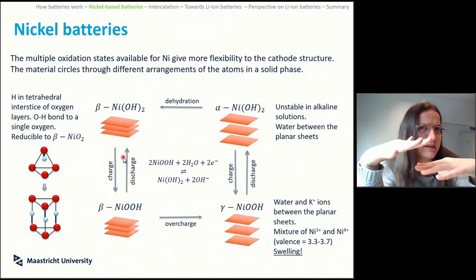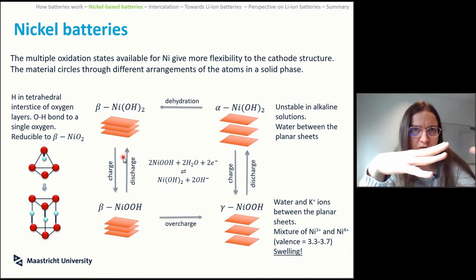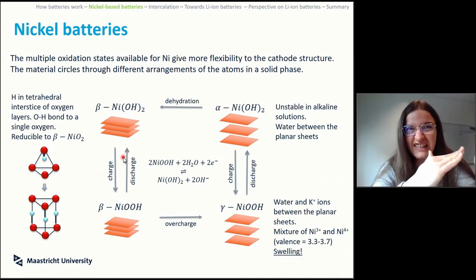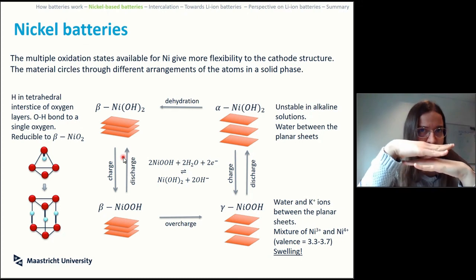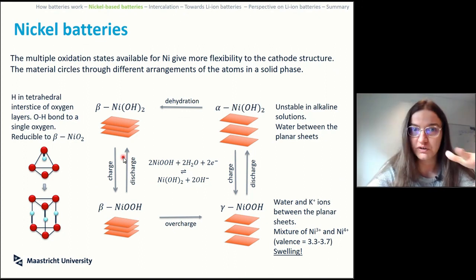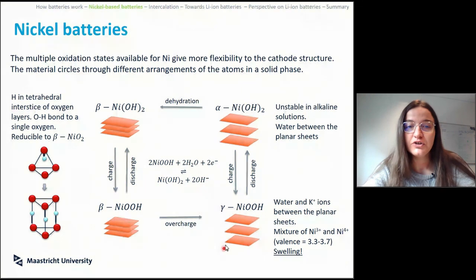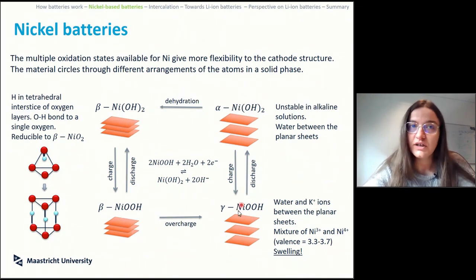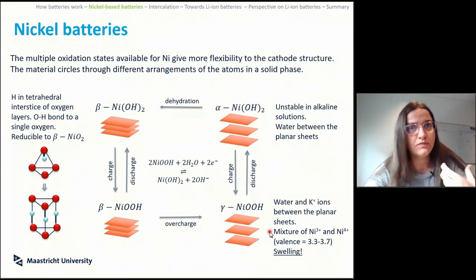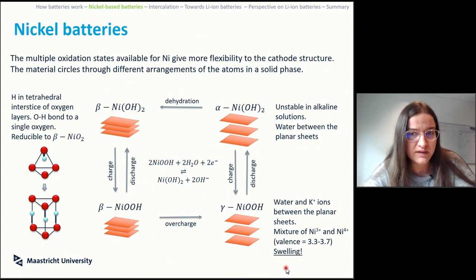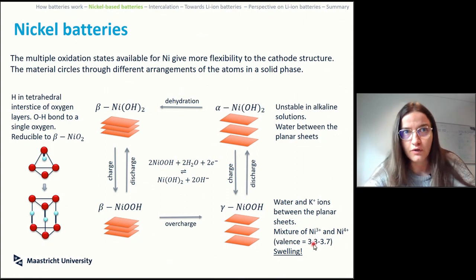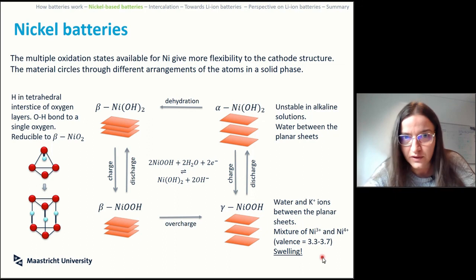If you really look at the crystal structure, even from the previous slide, you can see that one of them is slightly tilted, meaning that instead of having planes constantly stuck together like this, they also shift a tiny bit with each other to change the coordination inside. The issue is that upon overcharge, you push water and potassium ions inside, and for the structure to keep being stable, you end up with a mixture of nickel 3 and nickel 4.